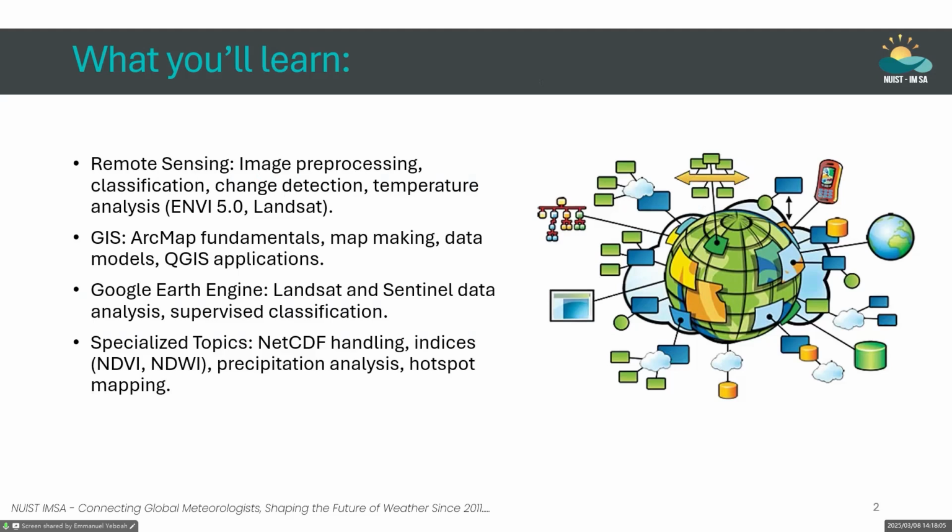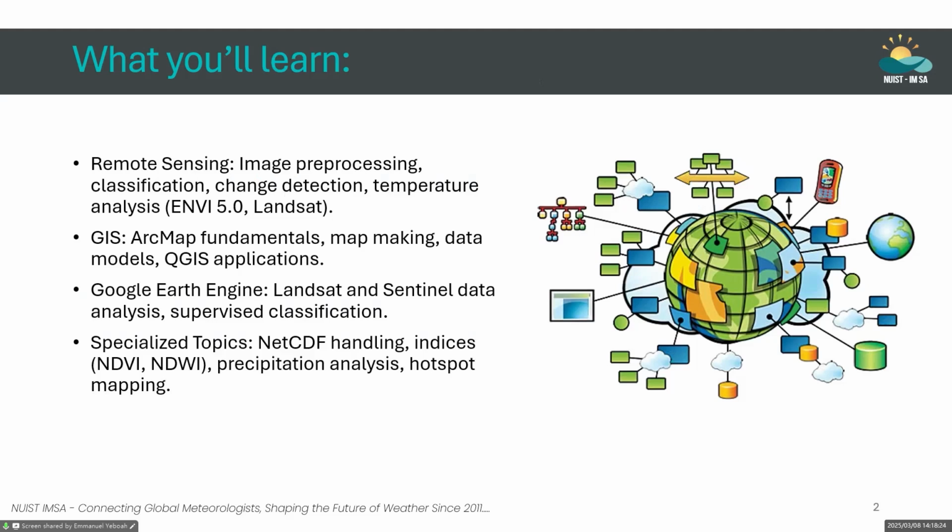For the GIS techniques, we will use ArcMap fundamentals, how to make a map, how to use data for modeling, and also QGIS applications. In Google Earth Engine, we will discuss Landsat and Sentinel data, how to analyze this data, and how to do a supervised classification.